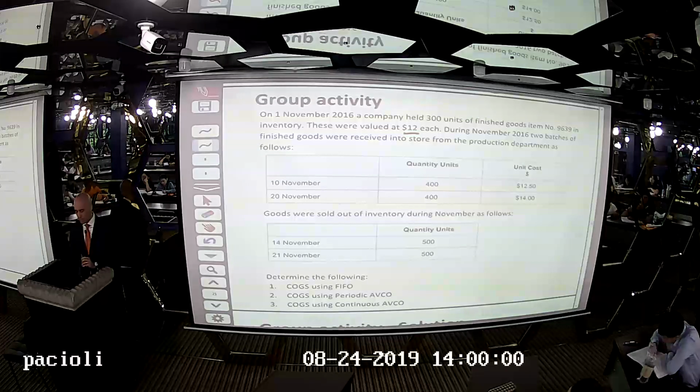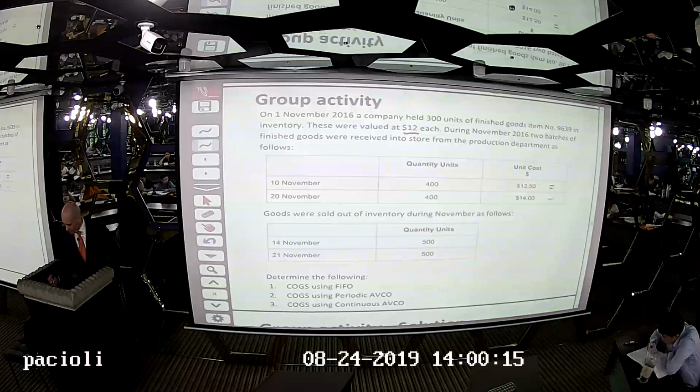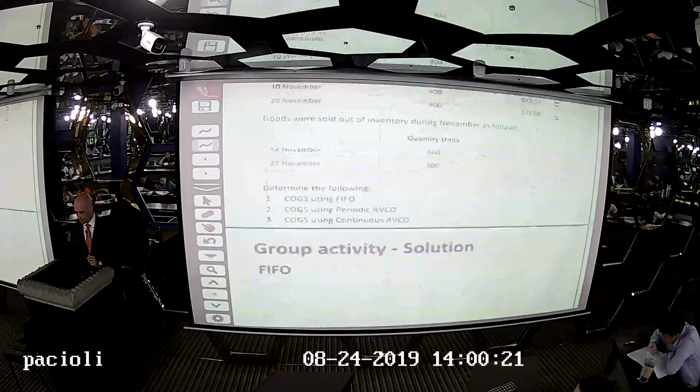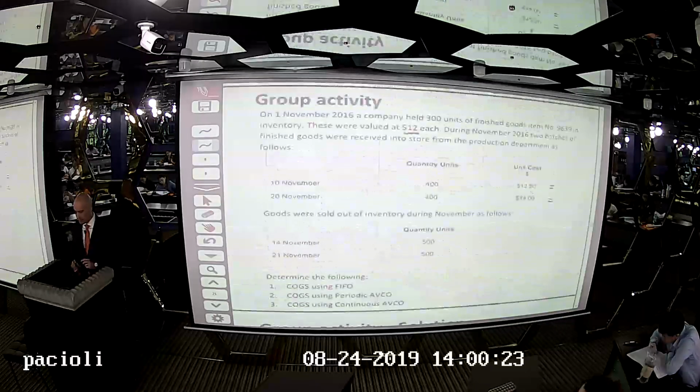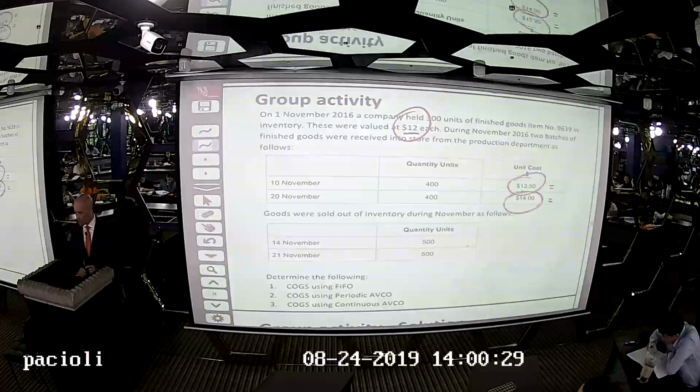So let's find the cost of goods sold using FIFO. Let's find the cost of goods sold using the periodic average cost. So I'll get you started on the FIFO and average cost. So we have 3 inventory. We have the $12 inventory, we have the $12.50 inventory, we have the $14 inventory.